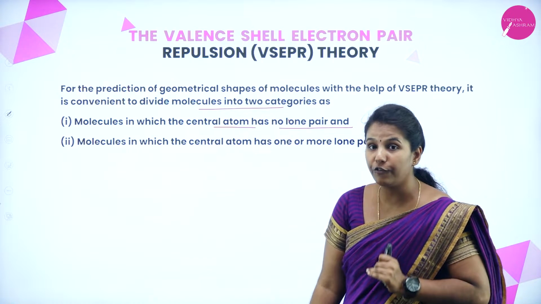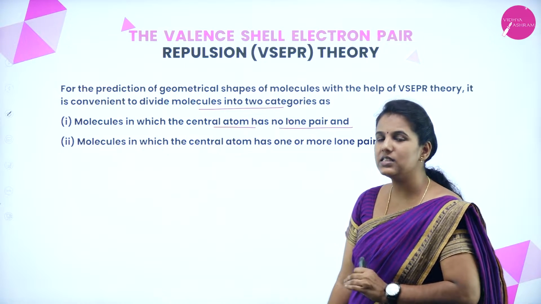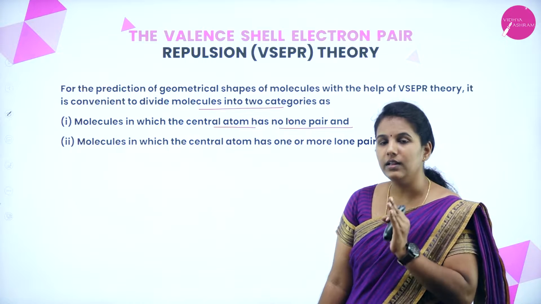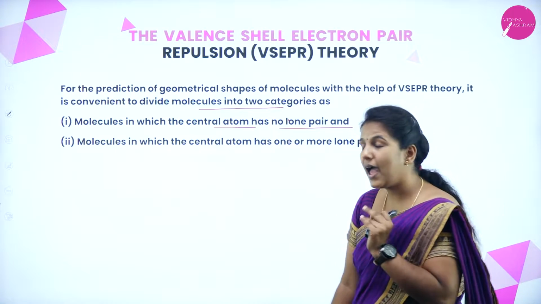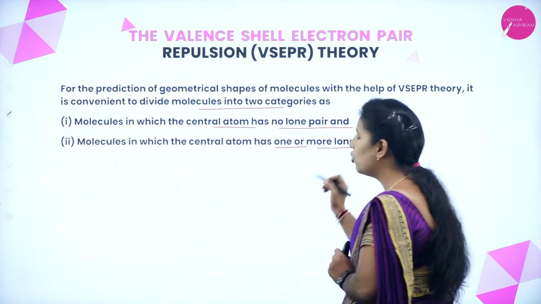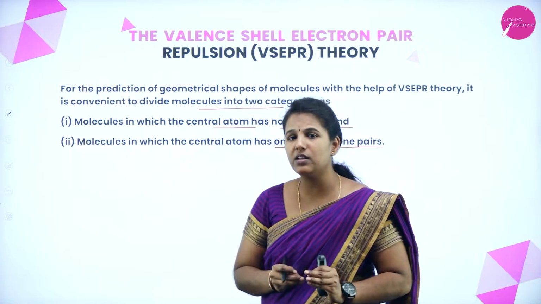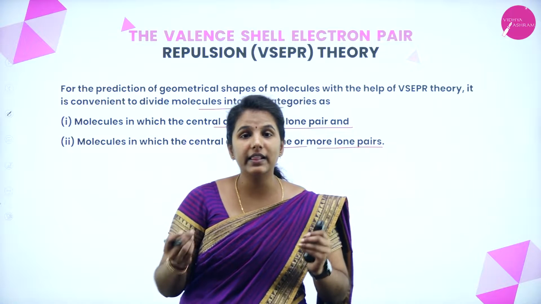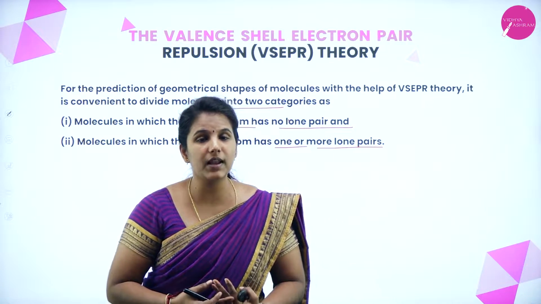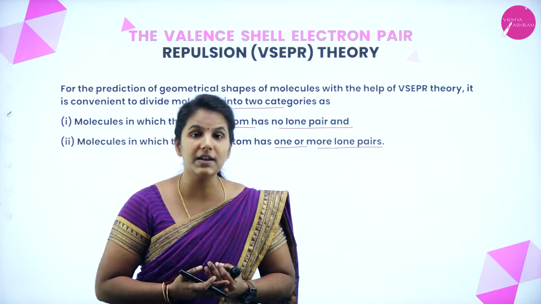No lone pair of electrons. In the second case, we consider molecules whose central atom has one or more lone pairs of electrons. This is how we can easily divide the molecules into two categories, and thereby, by using VSEPR theory, we can easily predict their shape.